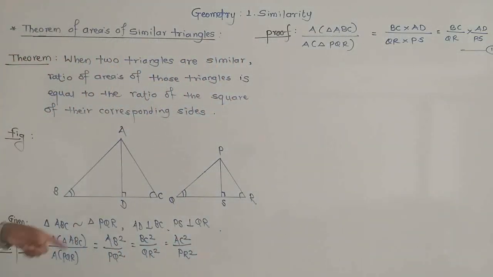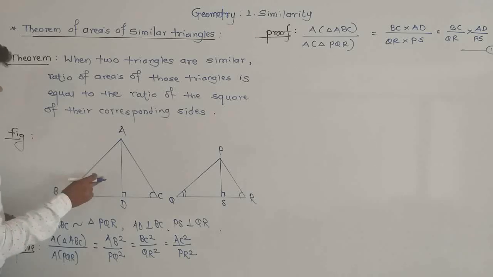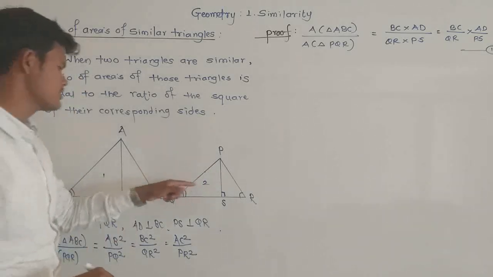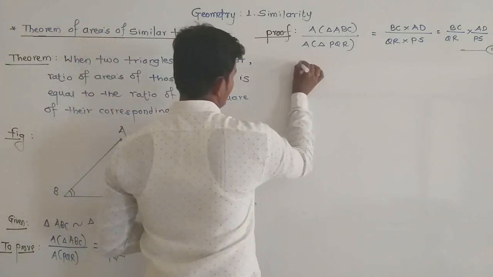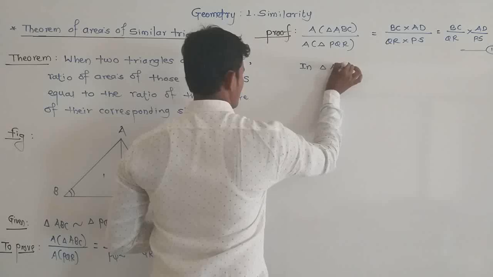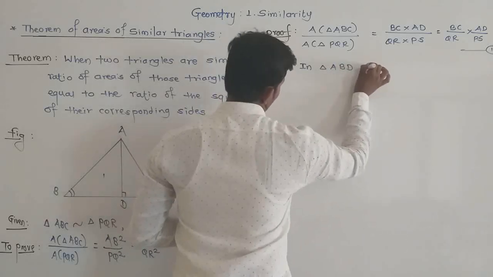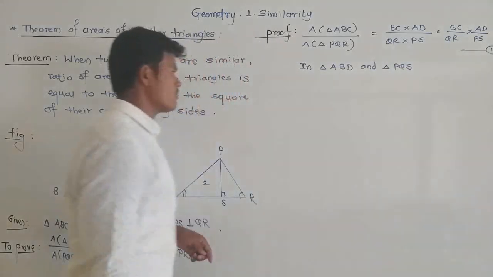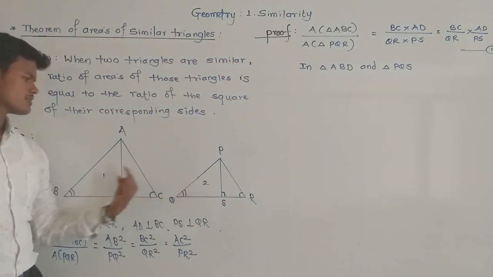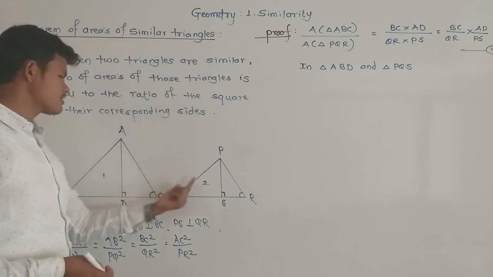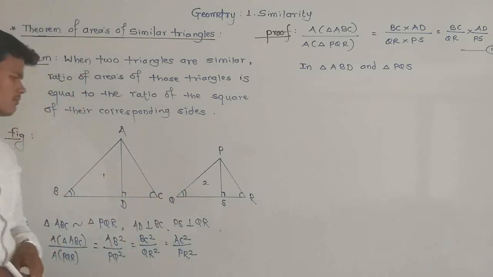Now consider triangle ABD and triangle PQS. Consider these two triangles. Now we prove that these two triangles are similar, and if two triangles are similar, then their corresponding sides are in the same proportion.